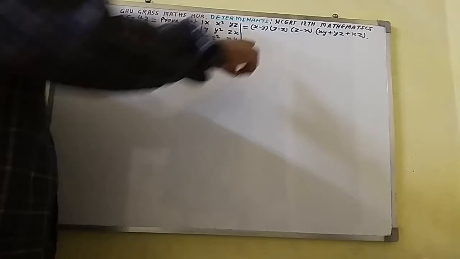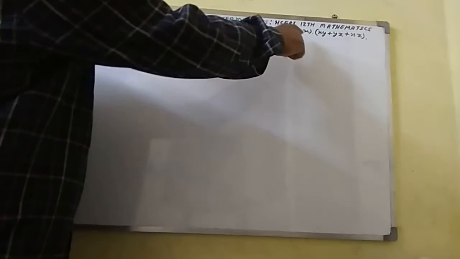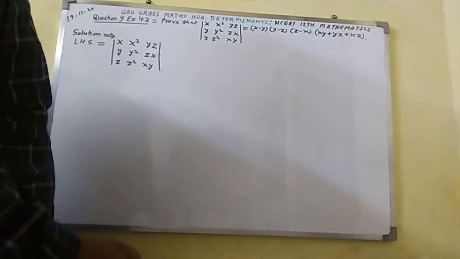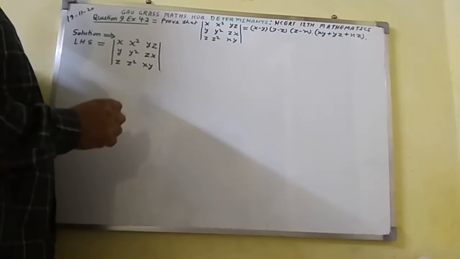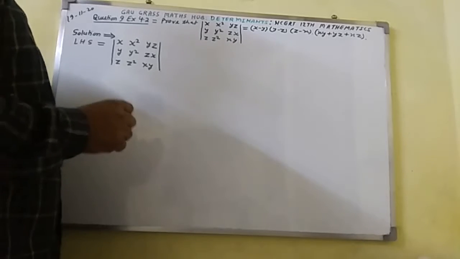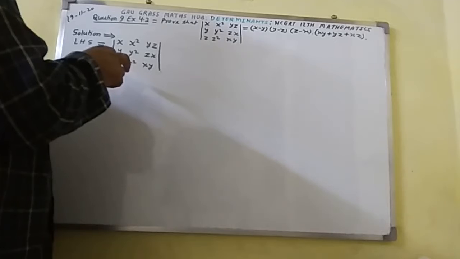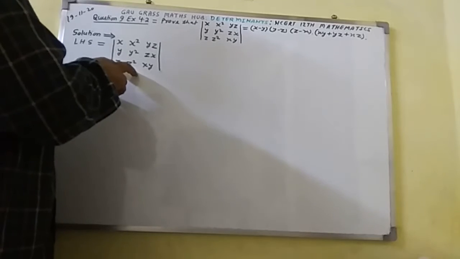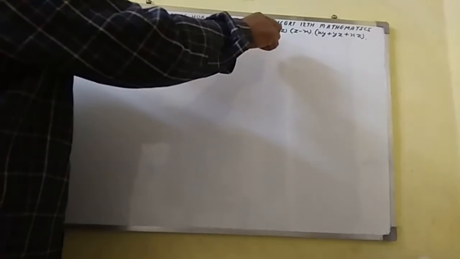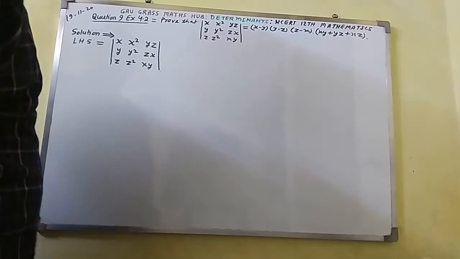So in the RHS you can see x minus y, y minus z, z minus x there. First of all, we have to adjust this determinant so that I get x minus y, y minus z or z minus x as a common factor.